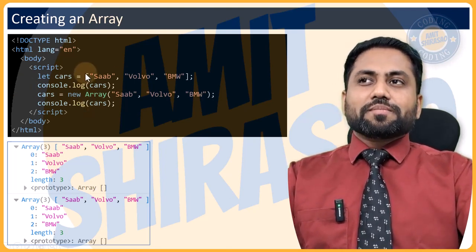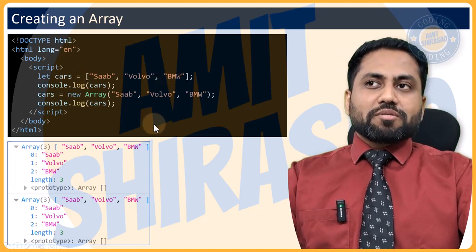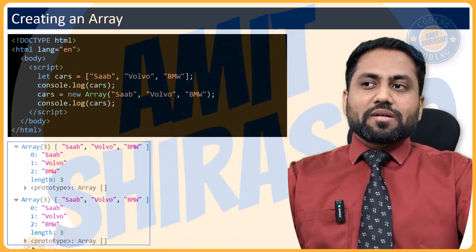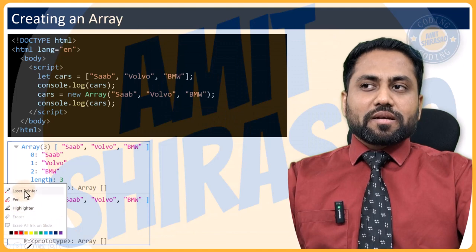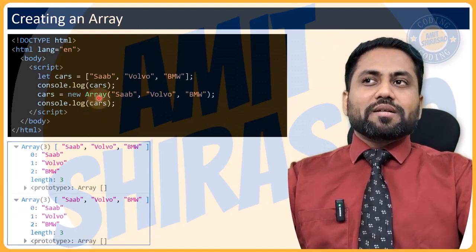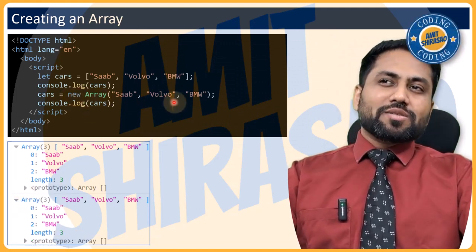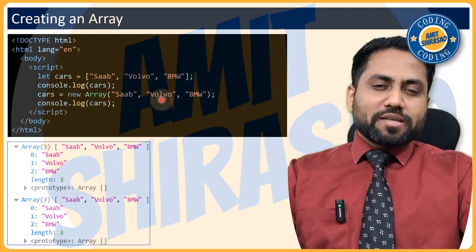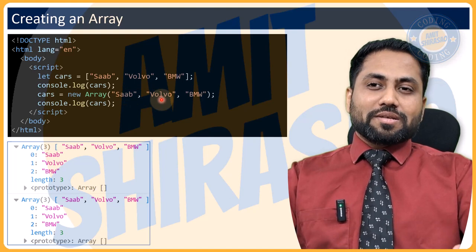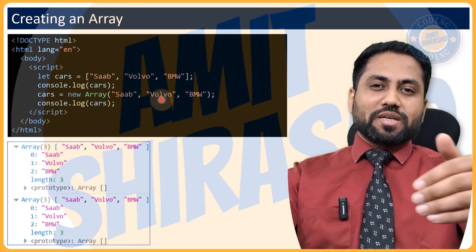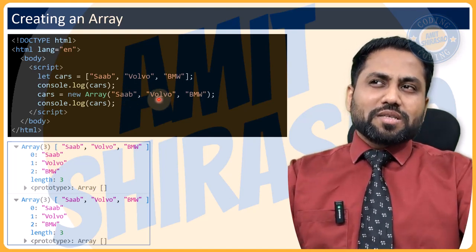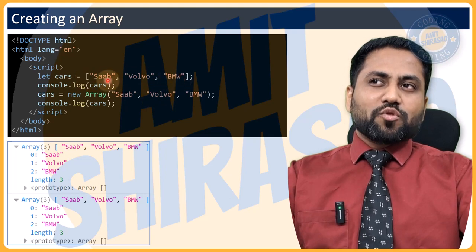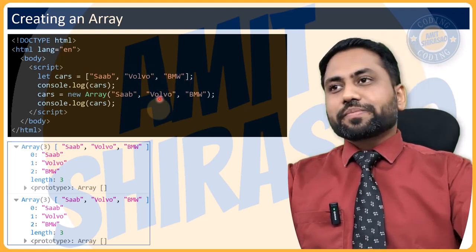But fundamentally JavaScript does not have anything like a class, and that's why I normally think that this is just syntactical sugar, just to facilitate the programmers of the current age. But otherwise, if you ask me, the first one is a more natural way of creating arrays.